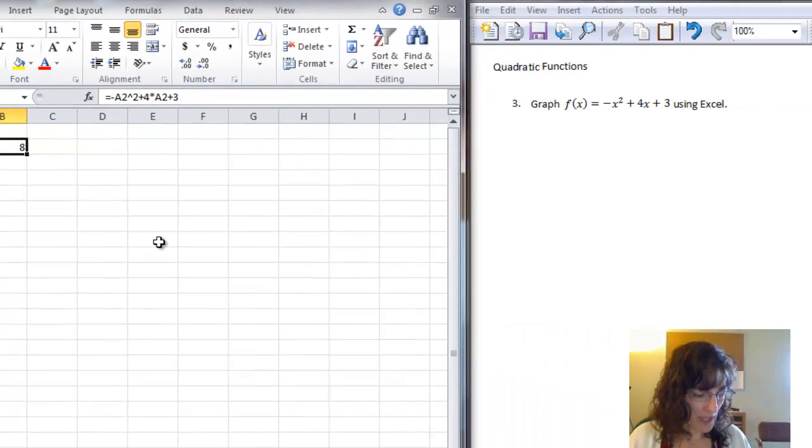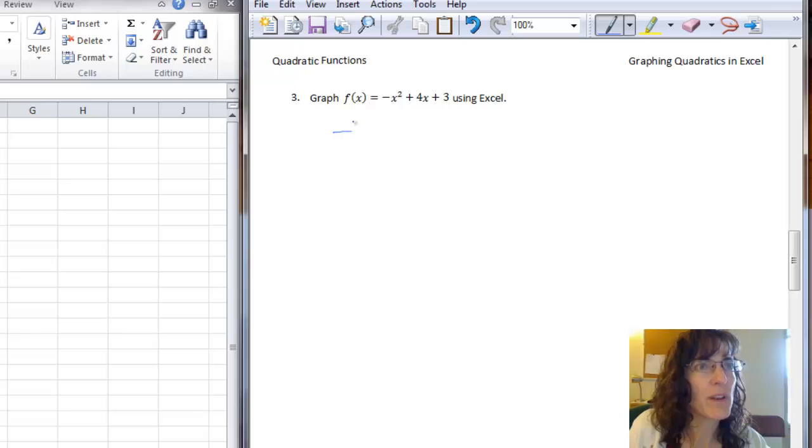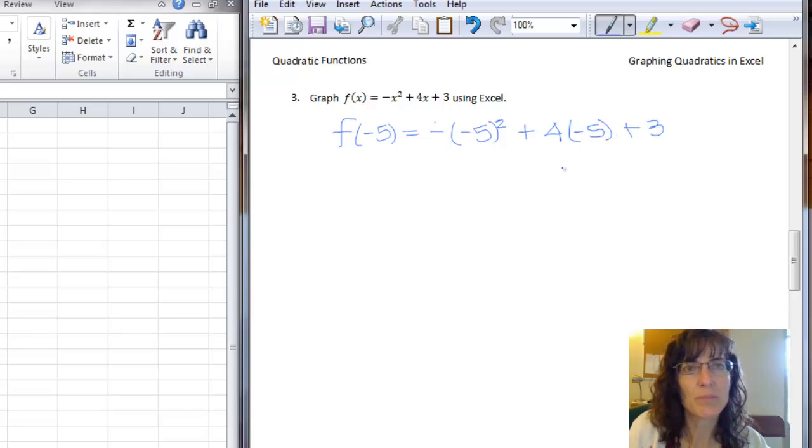So let's double check that by hand, just at least for one of them. So we're looking at f of -5, and we want -5 squared +4 times -5 +3.